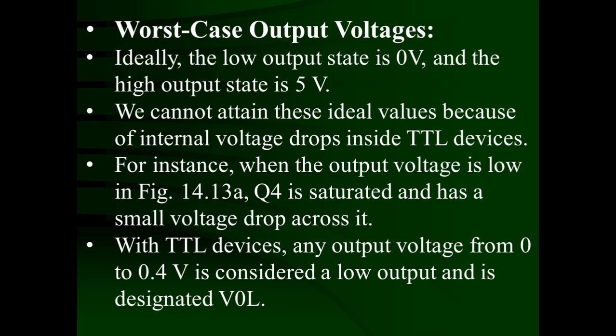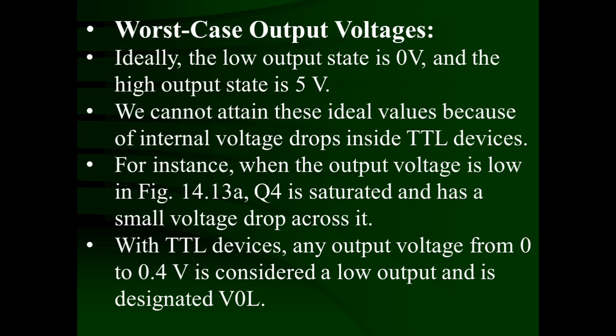Now we will talk about the output voltage in the worst case conditions. Ideally, the low output state is 0 volt and the high output state is plus 5 volt. We cannot attain these ideal values because of internal voltage drops inside the TTL devices. For instance, when the output voltage is low, in figure 14.13a, Q4 is saturated and has a small voltage drop across it.